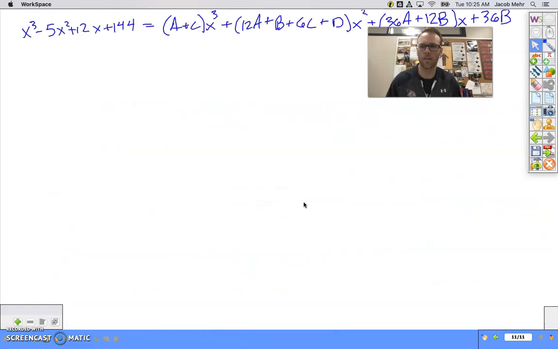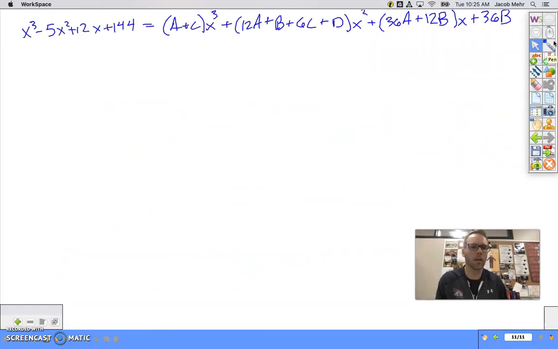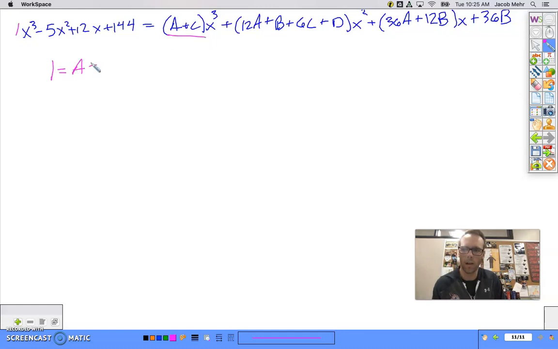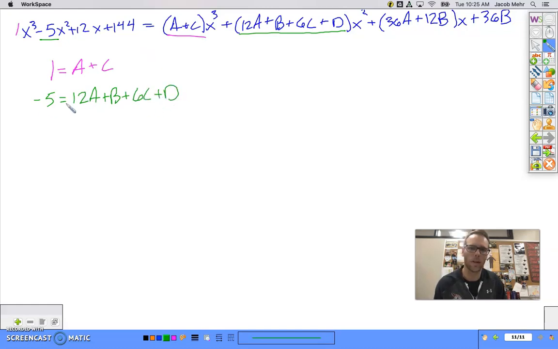I think I got it all in. So first equation, let's do our x cubed equation. There is 1 x cubed. So 1 equals how many x cubes there? A plus C. Let's go to our x squareds. We have negative 5 x squareds, and this is the biggest equation here: 12A plus B plus 6C plus D. I'm really hoping that's the last one we can use, that we'll maybe know 3 of them and can just substitute in.